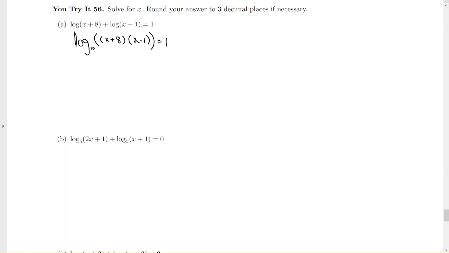This needs to be FOILed out. So you're going to take the first times the first. We get x squared, and then we're doing the outside, x times negative 1, positive 8 times x, and positive 8 times negative 1.